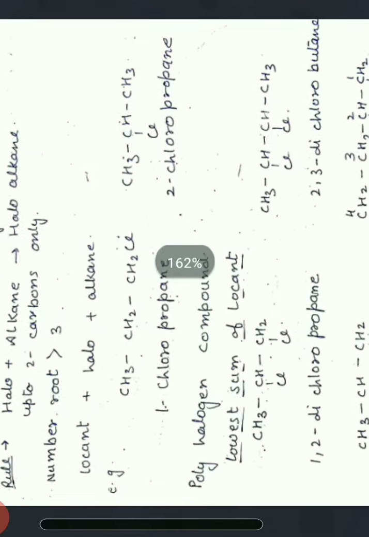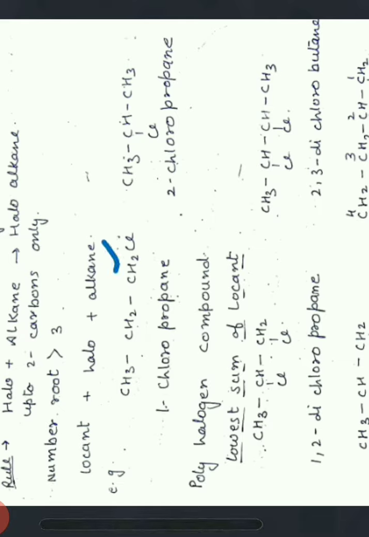But as soon as carbon numbers exceed 3, we cannot mention a compound accurately without mentioning the position of substituents. For example, if you are writing chloropropane, then chloropropane may have two types of structures. One is this and another one is this.